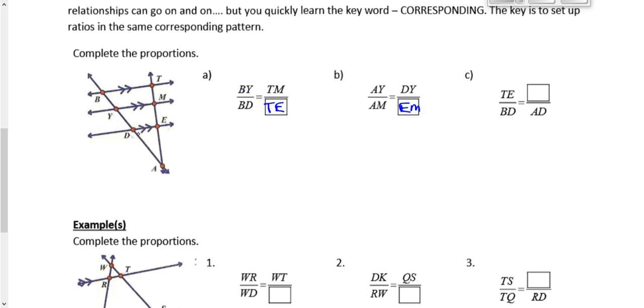And then we get TE to BD. So TE to BD corresponds to something over AD. AE. AE. Simple as that. It is. But you could probably guess it'll get a little more fun.